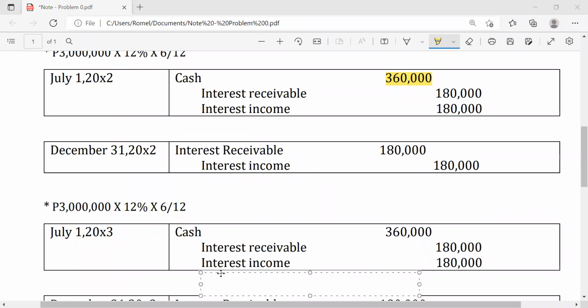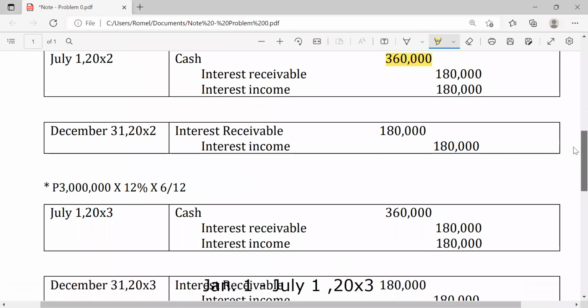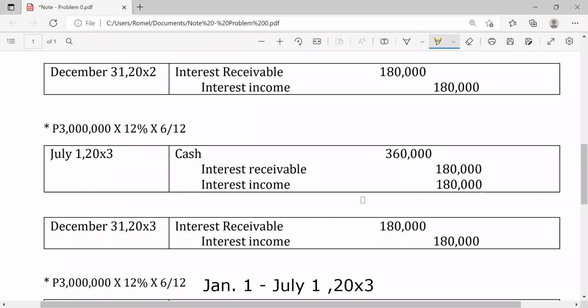Bakit tayo magre-recognize ng interest income? Because we need to recognize the interest income from January 1 to July 1, 20x3. And then, for December 31, 20x3, the same adjusting entry. We will debit interest receivable 180,000 and credit interest income 180,000 pesos.